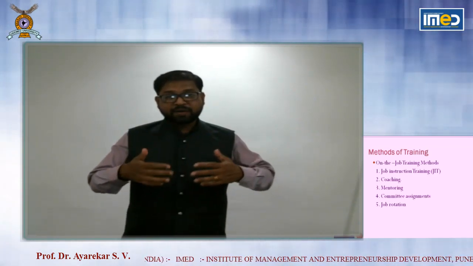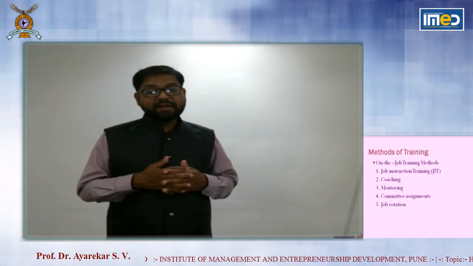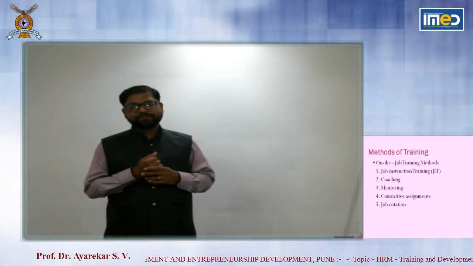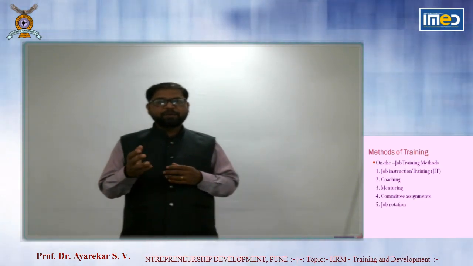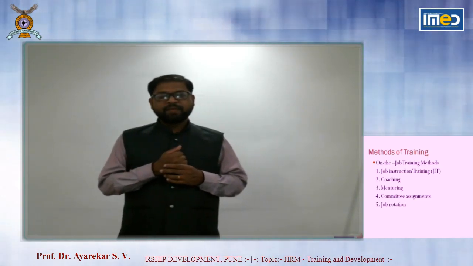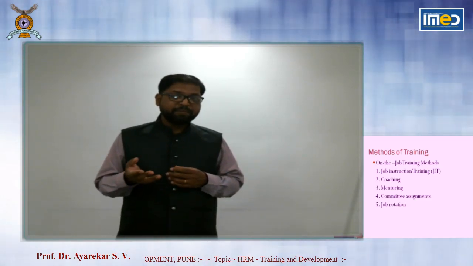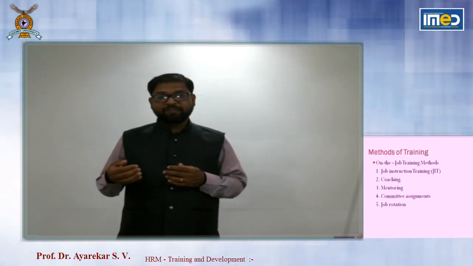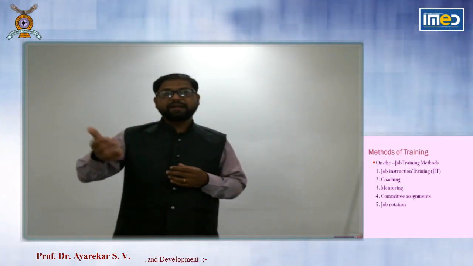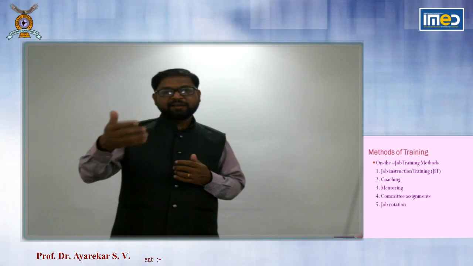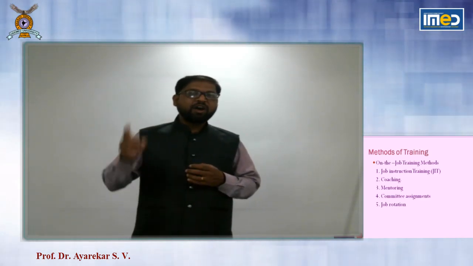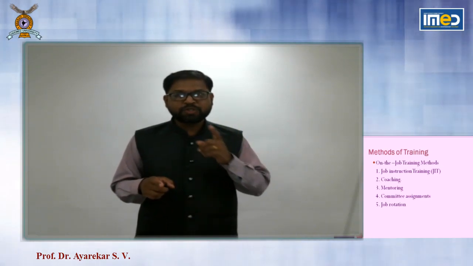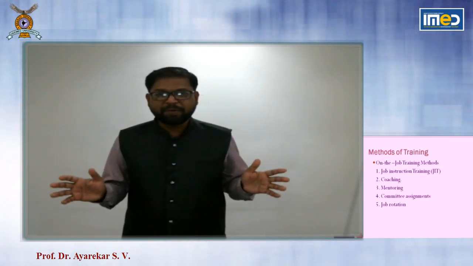The trainer is going to observe each and every trainee, how they are performing this particular task. If they are performing well, up to the mark, no problem. If there is some problem in step number 3 or step number 5, repetitions will be done. More practice will be done, so that all trainees will get mastery over steps 1, 2, 3, 4, and 5.